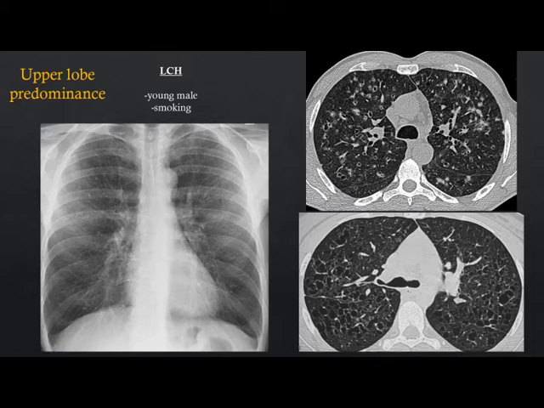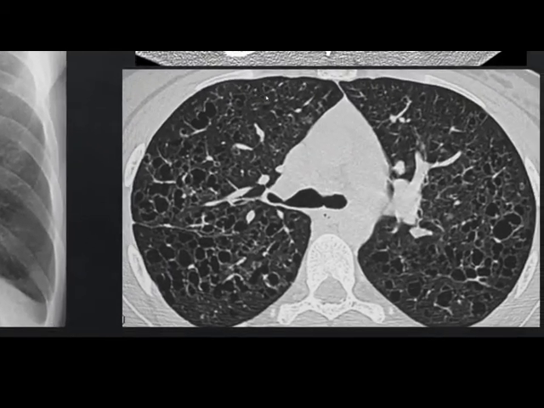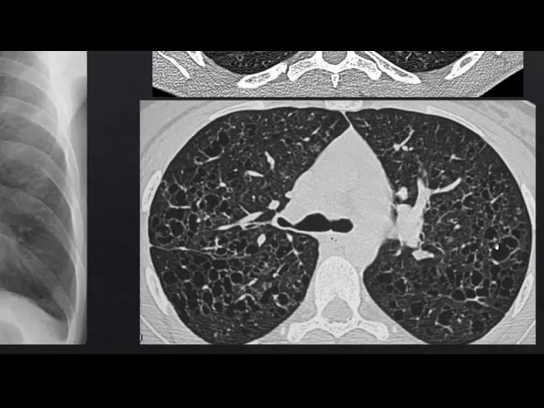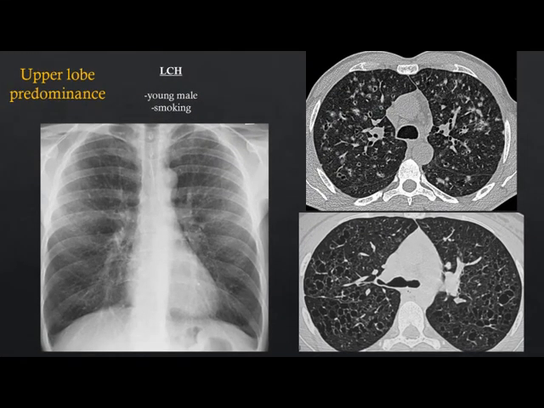And because LCH is smoking related, we can identify some centrilobular emphysema, as in this case. We can see these cysts with centrilobular structures here, here, and here. So those are centrilobular emphysematous changes associated with LCH. And we can see also bullous disease. Later on, the LCH can progress to lung fibrosis and honeycombing.